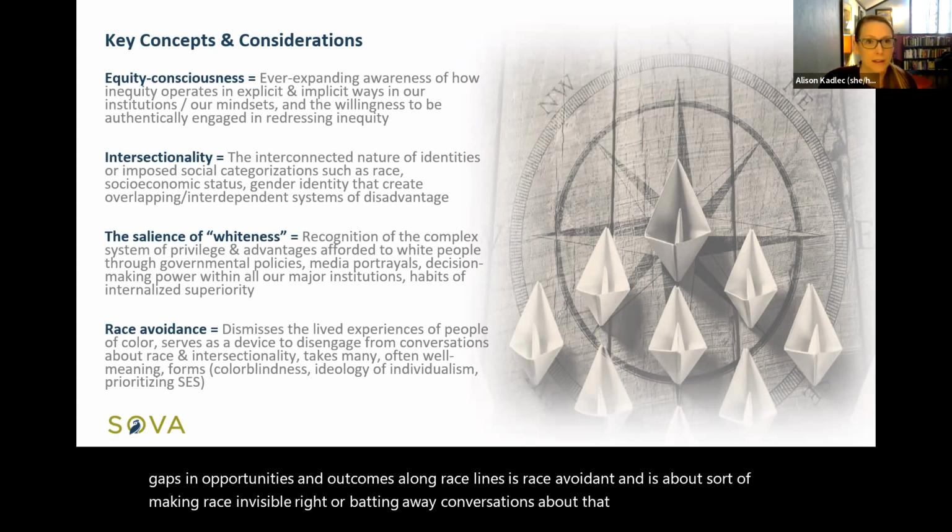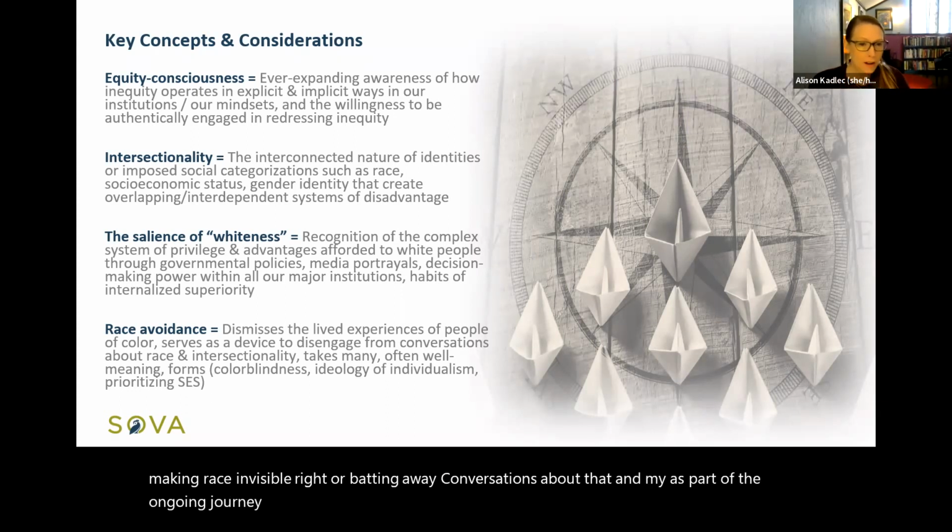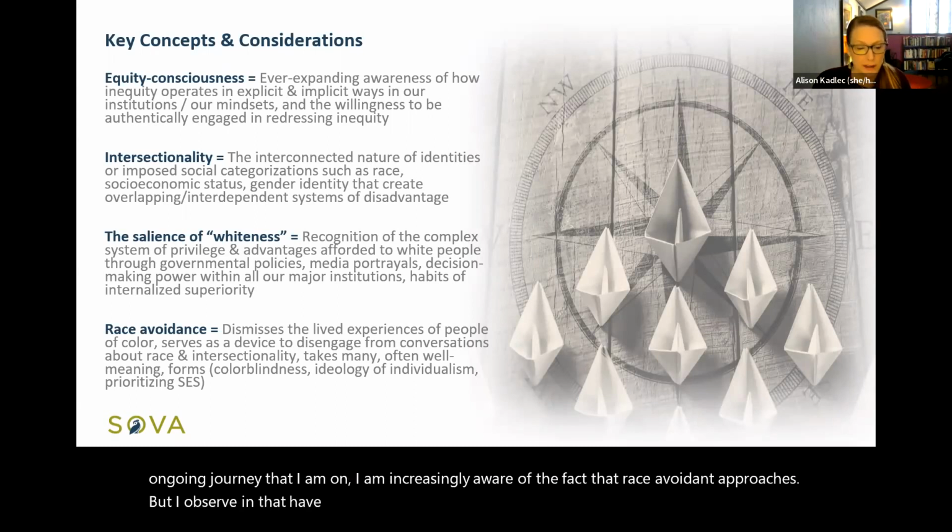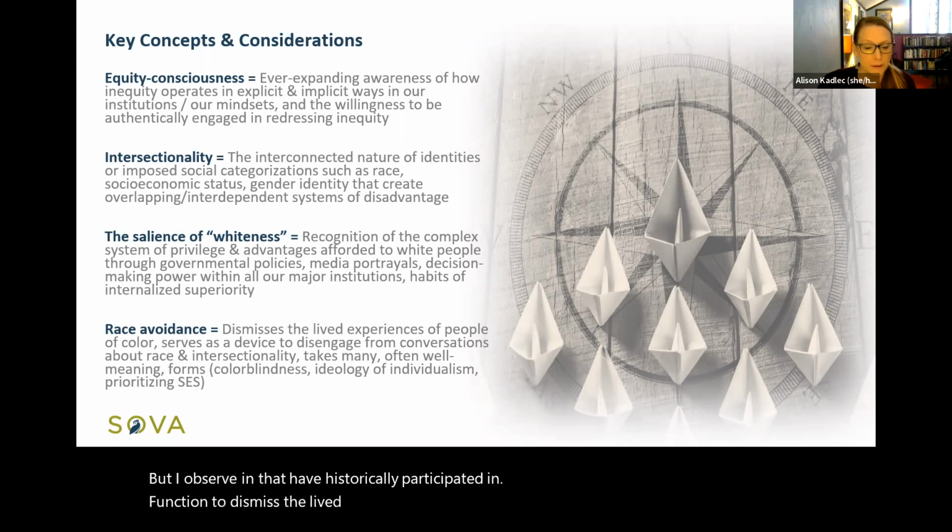And as part of the ongoing journey that I am on, I am increasingly aware of the fact that race avoidant approaches that I observe, and that have historically participated, function to dismiss the lived experiences of people of color. And it actually serves as a device to disengage.